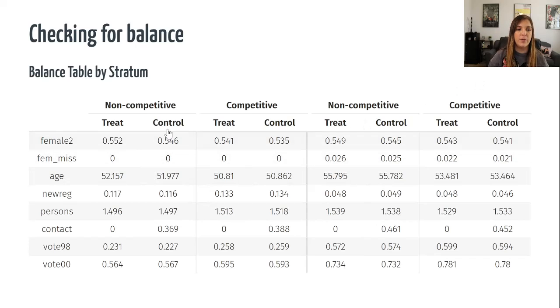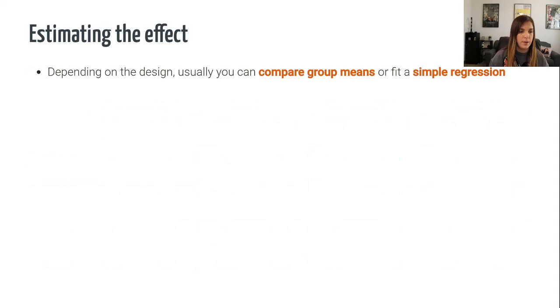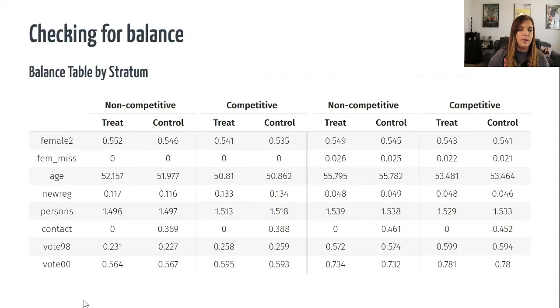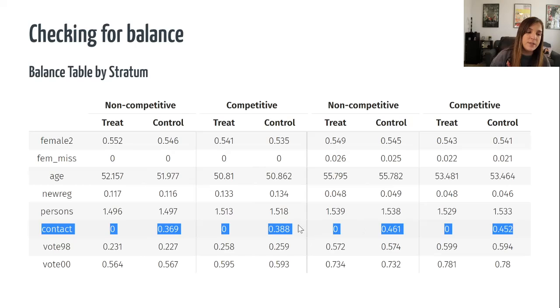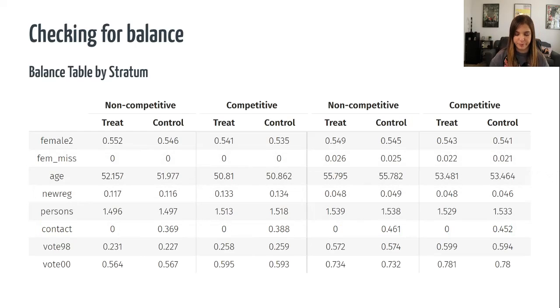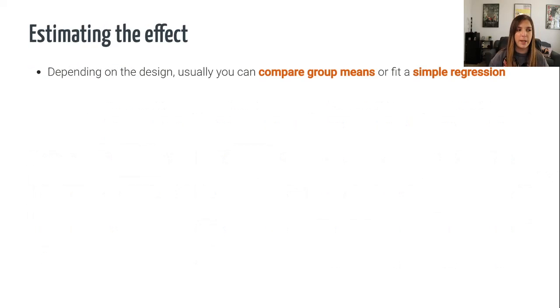The cool thing is that you can move this around, highlight it, but it doesn't really matter that much. But as you can see, basically this is balance, since our randomization worked. Awesome. One important thing here, if you can see, I did not leave contact out in this case, which is actually not a covariate, so I should have. So be careful with that. And we're going to talk about that variable though.